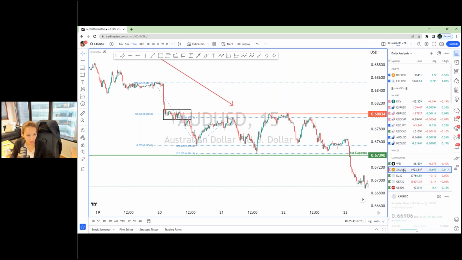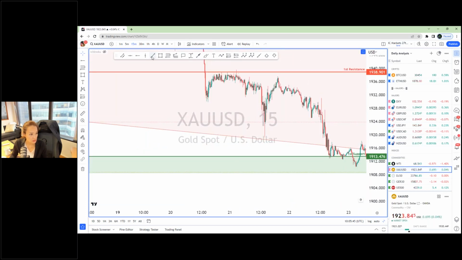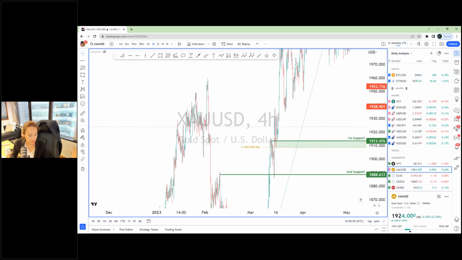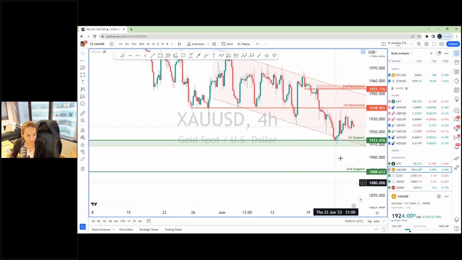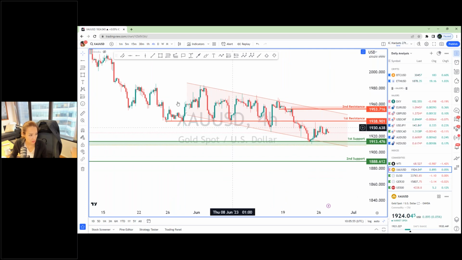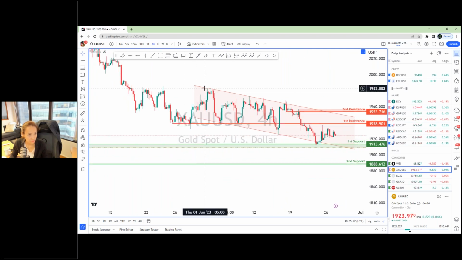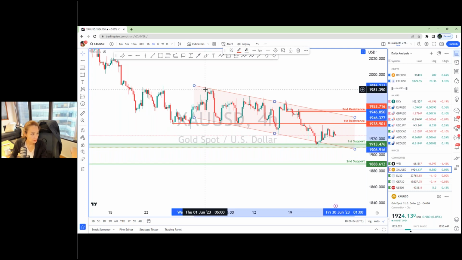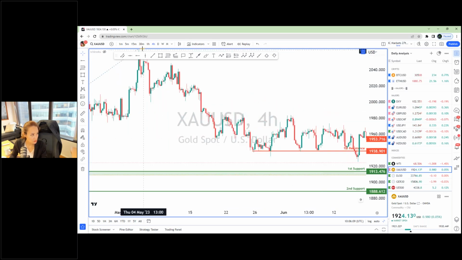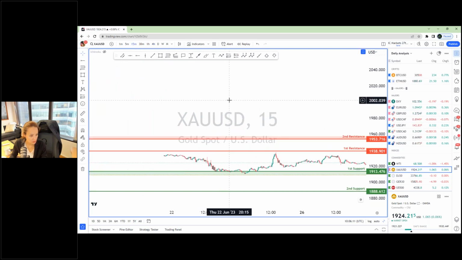Let's say gold. If you were to scalp gold, let me go to H4 first. This is my view for gold. I think it's still going down. Let me delete this, and then I just go to M15.